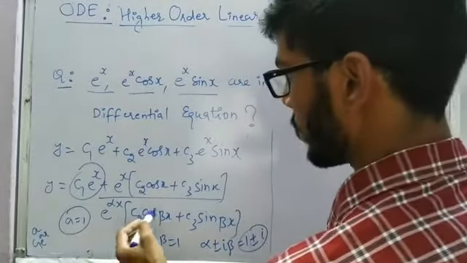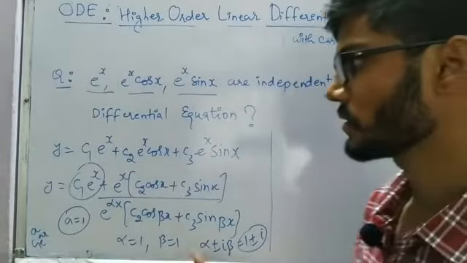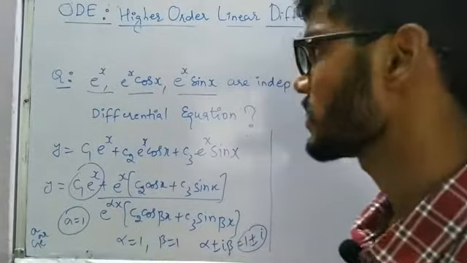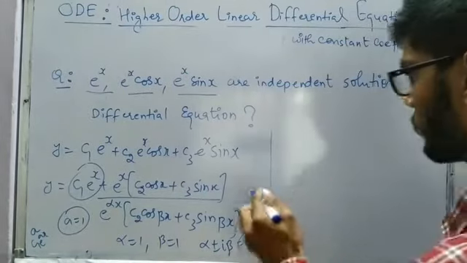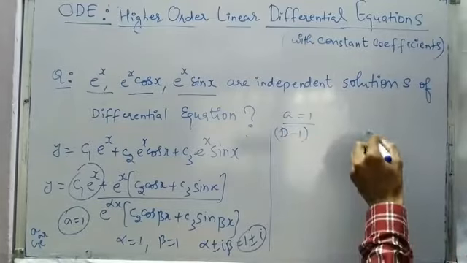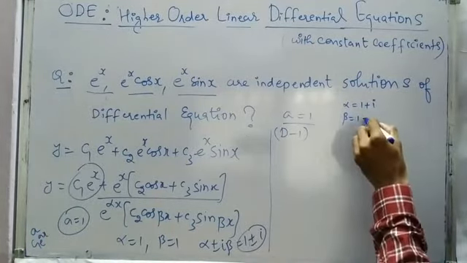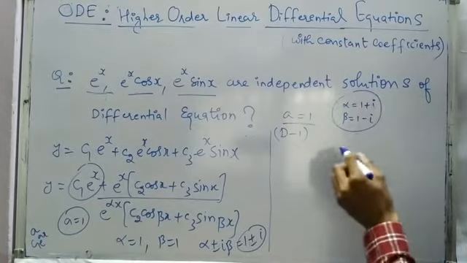Also, as the number of arbitrary constants is 3, c1, c2 and c3, it is quite clear that we are going to get a differential equation of third order. For a equal to 1, we get the factor D minus 1, and for the roots 1 plus i and 1 minus i, we have to form a quadratic equation.